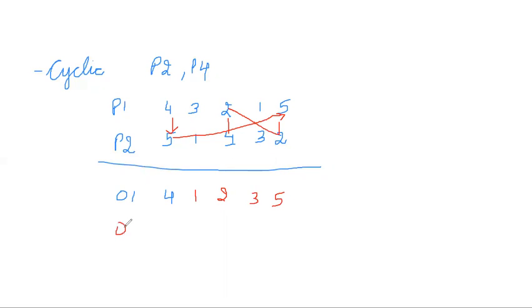Similarly for O2 it would be 5, 3, and this will be fixed. So this is how the cyclic crossover takes place.